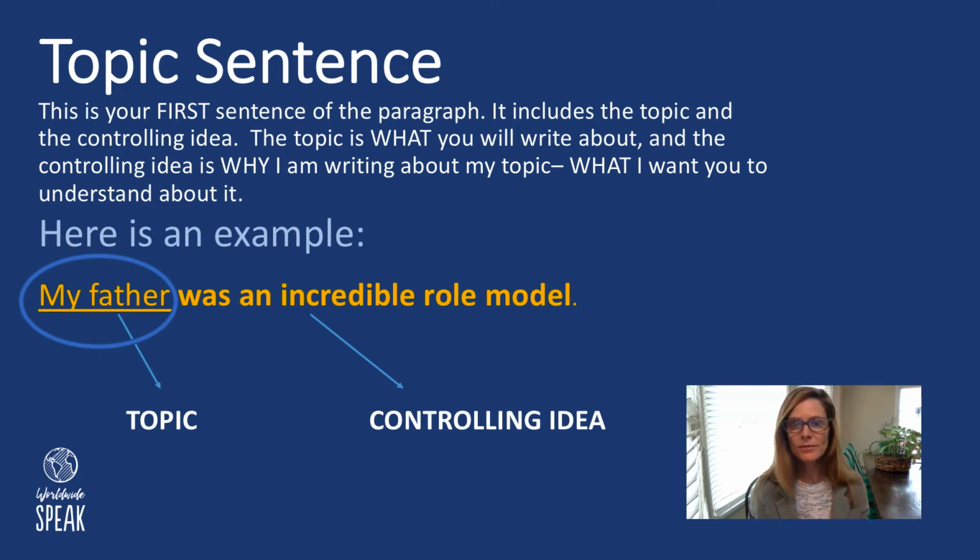I'm going to talk about my father, but I'm going to focus on one aspect or one part of my father, and that is that he was a great role model. That's my controlling idea. That is your why I'm writing. That is what you want the reader to understand. You want the reader to understand that your father was an incredible role model. So your whole paragraph will be focused on him being a role model.